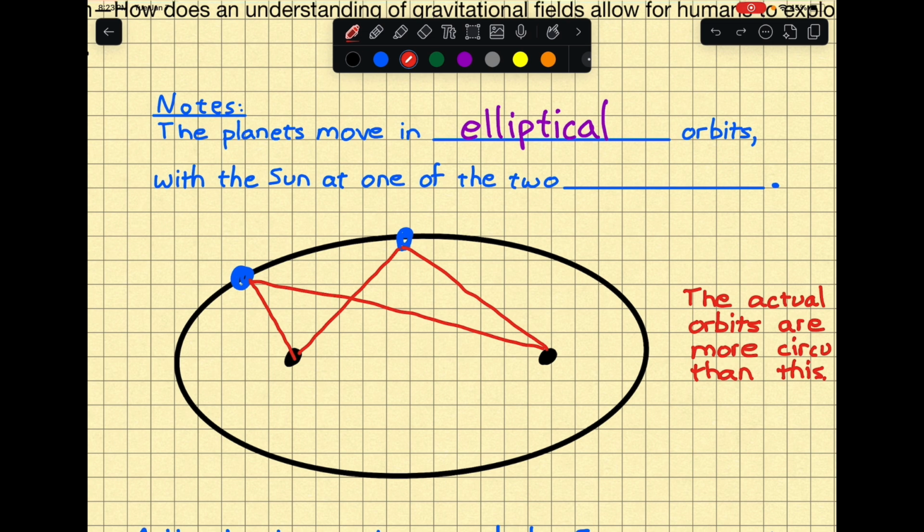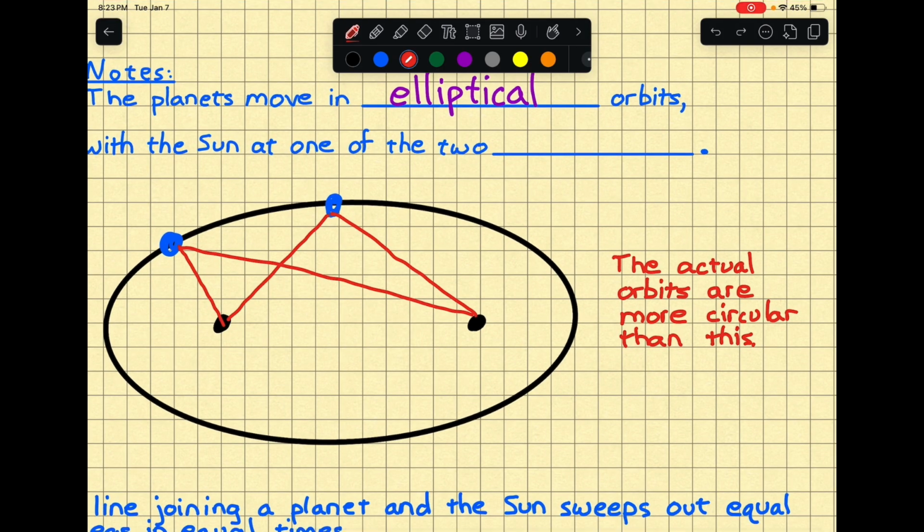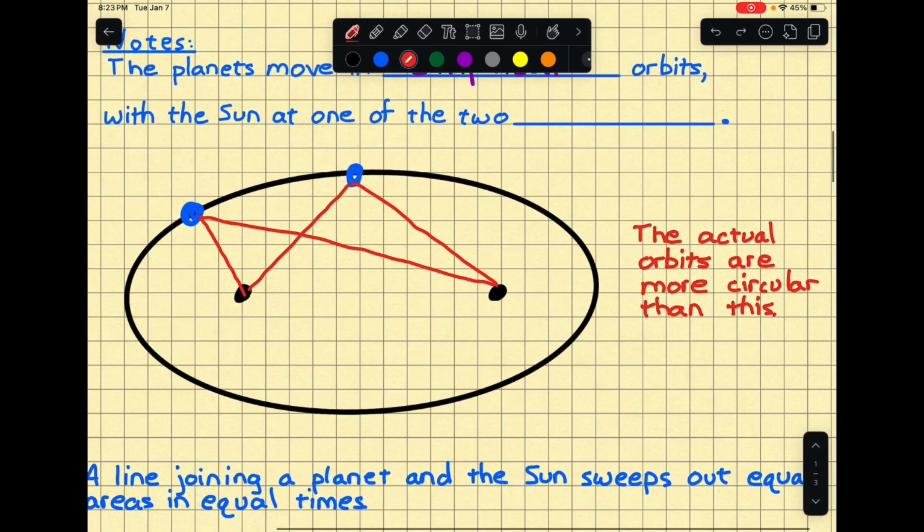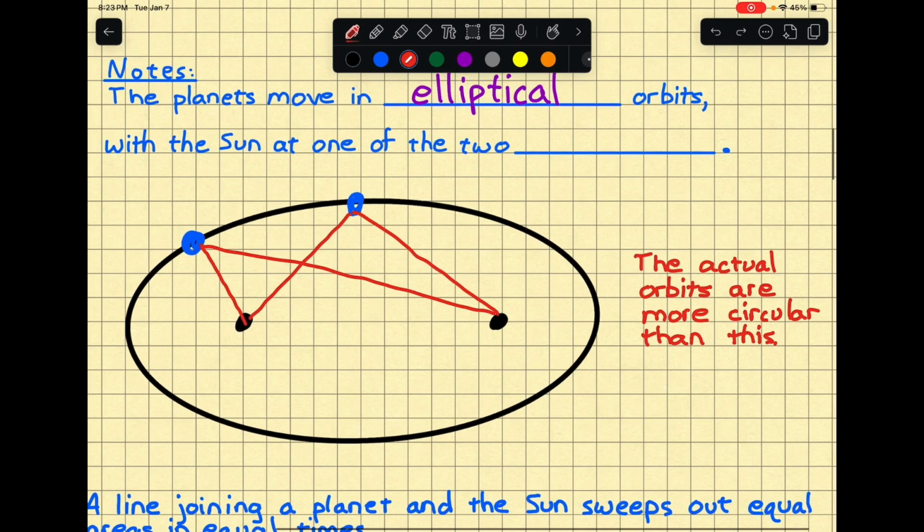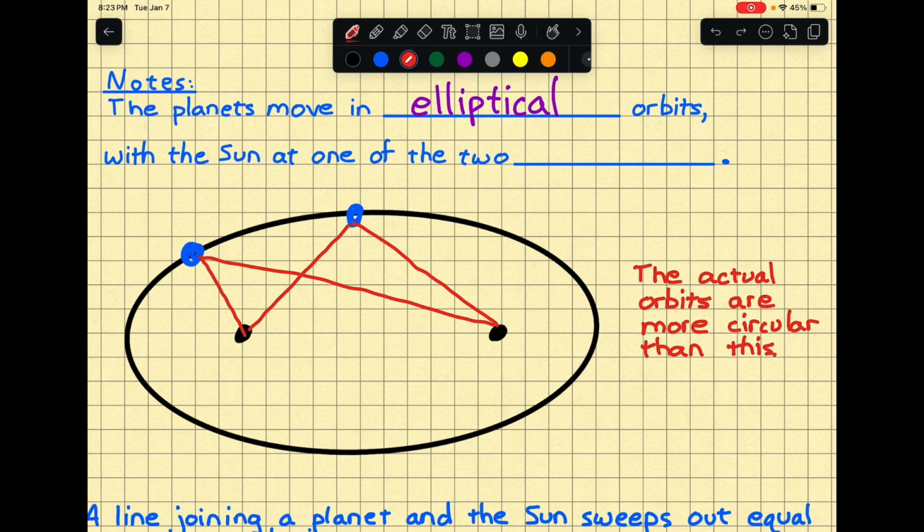So planets move in elliptical orbits, not circular orbits, but the orbits are nearly circular. This drawing is of a pretty pronounced ellipse, but the actual orbits are more circular than this. They're just not perfect circles. The sun is at one of the 2 foci. Each one of these points is a focus.